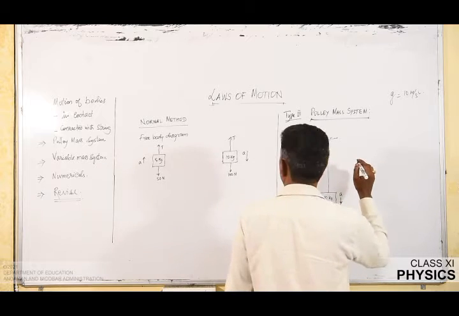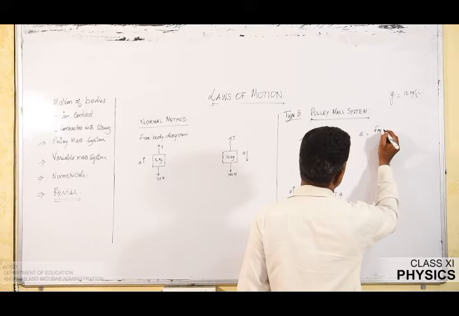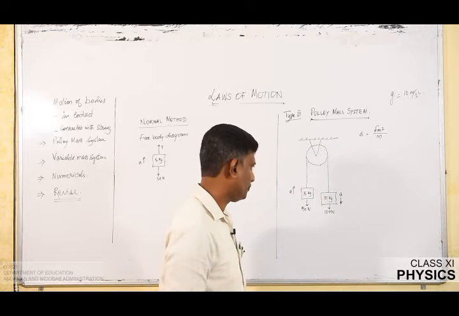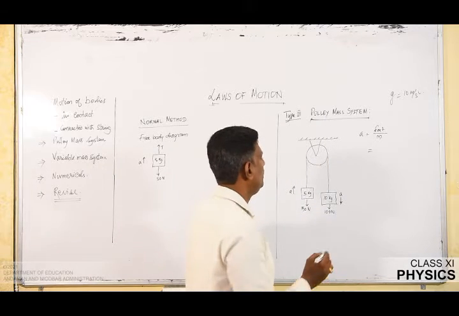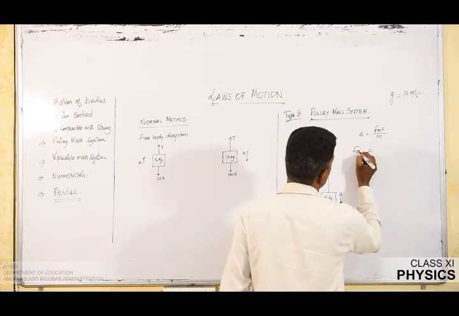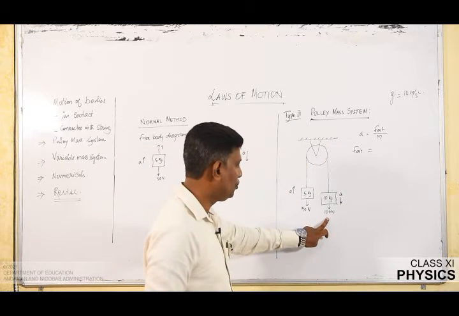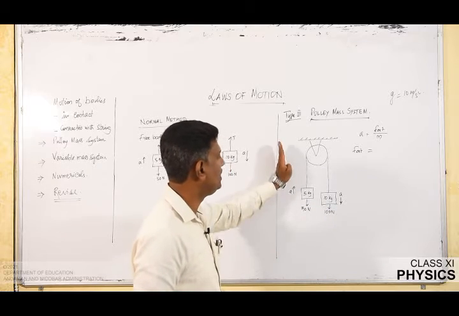Using the earlier formulas, A is equal to F external by mass, that is the shortcut. F external is 100 Newton in this direction and 50 Newton in this direction.